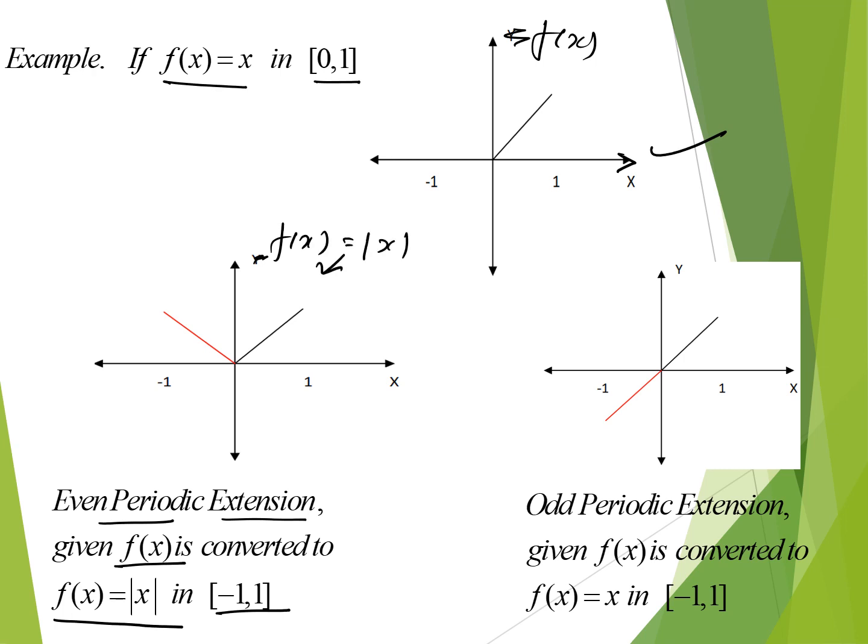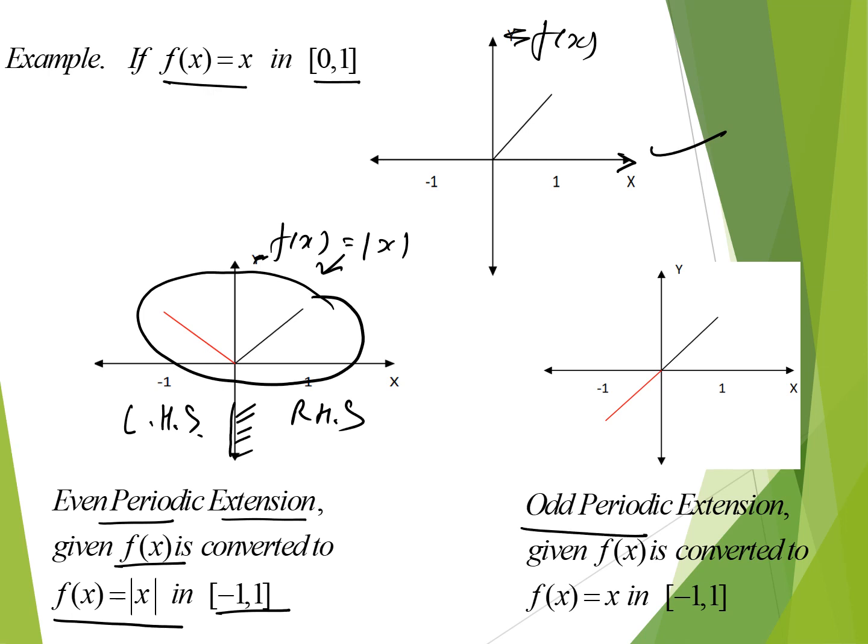It is an even function because if we consider the y-axis as the mirror, then the image of the right side is equivalent to the image of the left-hand side.